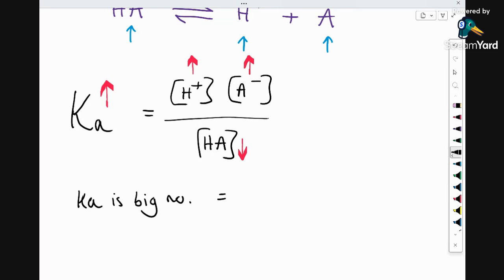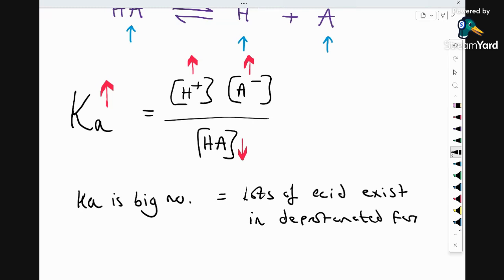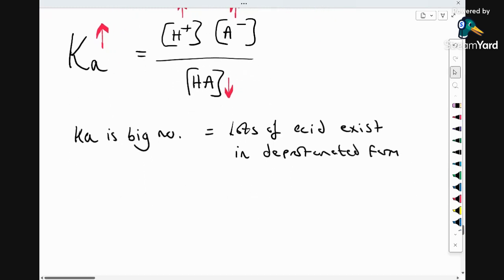Essentially it's a stronger acid. Lots of the acid exists in the dissociated, deprotonated form. So if this was carboxylic acid with a large Ka value, most molecules would look like this, having kicked off the proton.